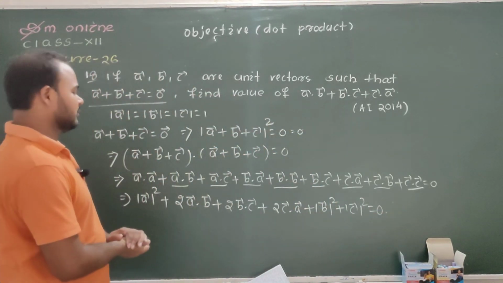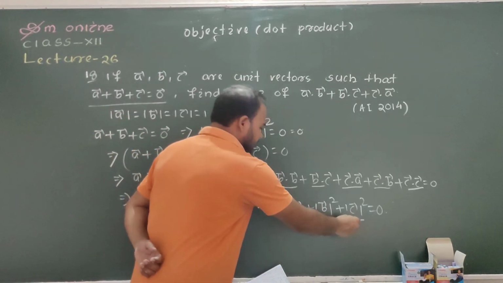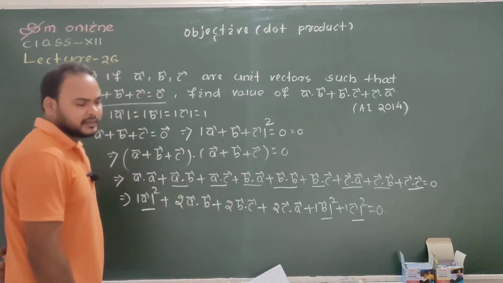Now each of these values is 1, so 1 plus 1 plus 1 is 3.